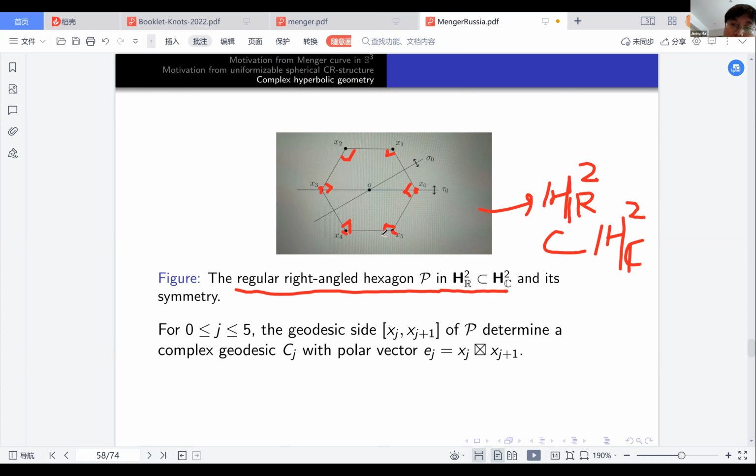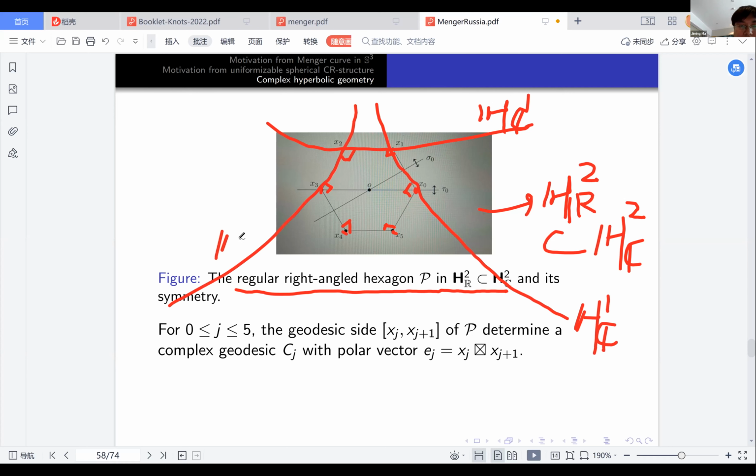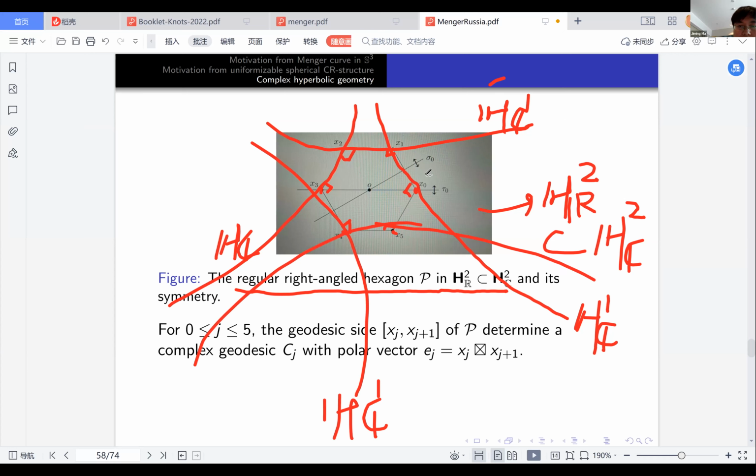Any 2 points here determine a complex line, here it is HC1. And the 2 points here also give HC1, and here also we have HC1, and here we have HC1, and also here, so we have 6 HC1.